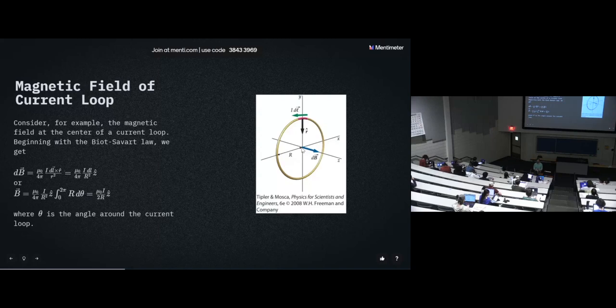Take the current I and cross it into the field point that you're trying to calculate. So let's choose this: I hat is going in the x direction here, so the current is going in the minus x direction, so negative i hat. R hat is going to be negative j hat, so negative i hat crossed into negative j hat gives us a magnetic field that points in k hat, out of the plane of the loop.